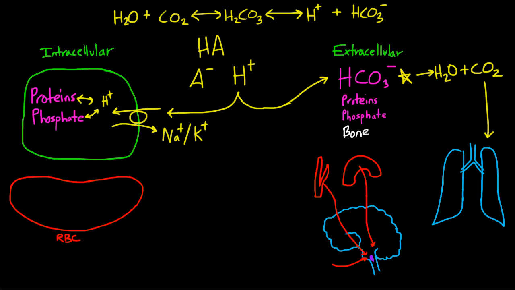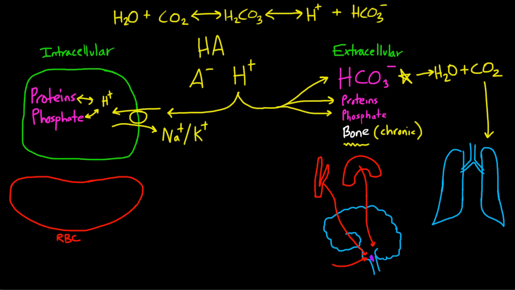To a lesser extent, some of the hydrogen ion can be absorbed by protein that's circulating. It can be buffered by some phosphate. Even bone does some buffering of hydrogen ion, but this is usually chronic, in the setting of chronic metabolic acidosis. I'll just put a little footnote here. But for an acute change, like if we just dumped acid into the body, the bicarbonate would be the most important one in this extracellular compartment.